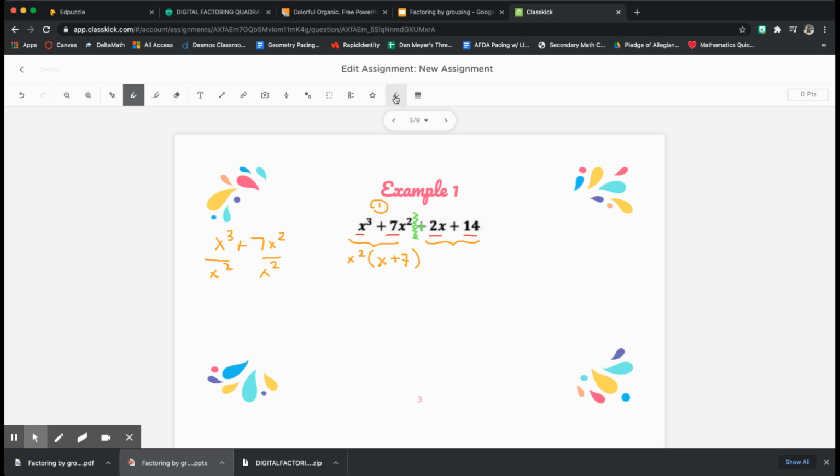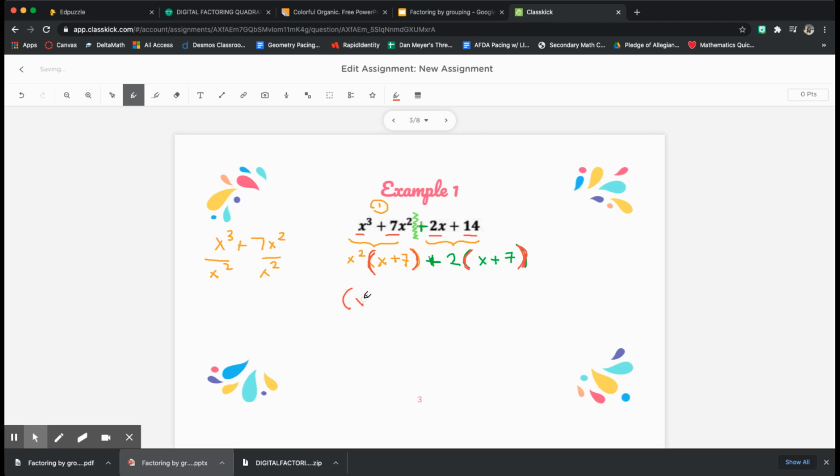When I do the exact same thing on the other side, a 2x plus a 14, well, that has a plus, whatever this sign is, plus 2, and then I have an x plus 7. So let's think back to what we just finished doing with our blob, right? Notice here, we have a blob and a matching blob.